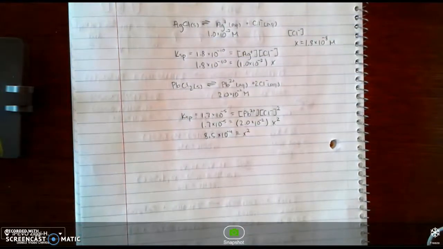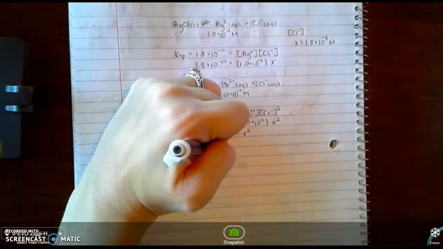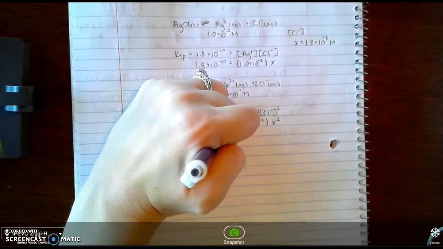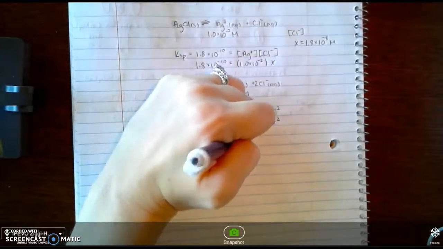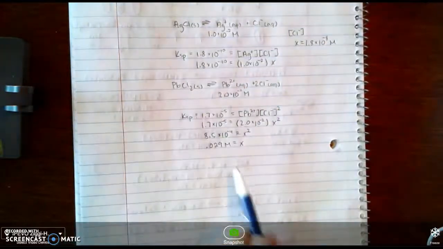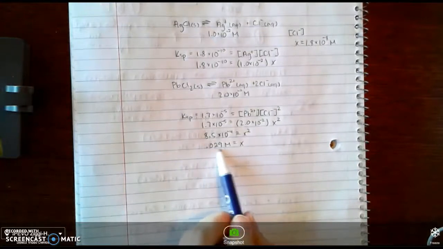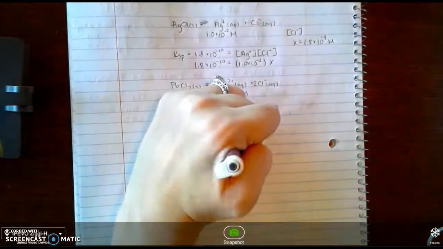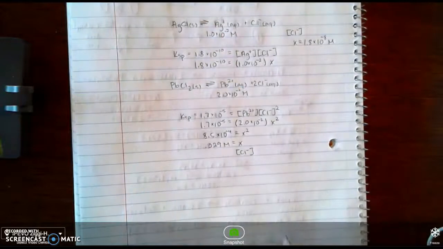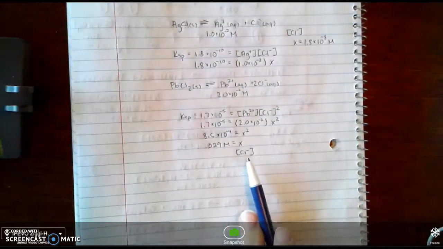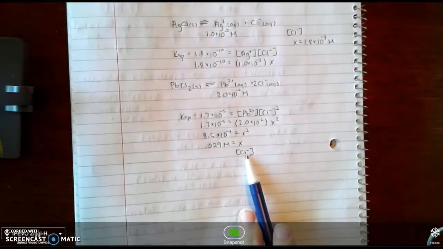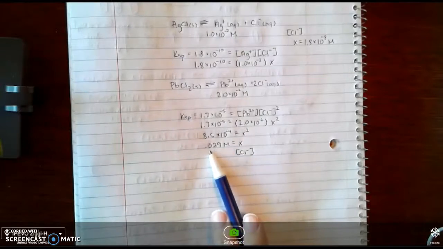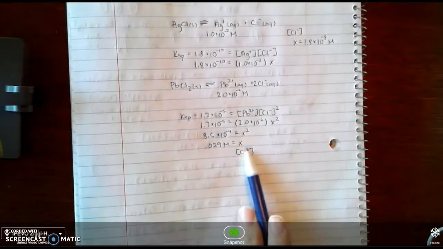Then when I take the square root of both sides, I get that X equals 0.029 molar. So I would need a concentration of 0.029 molar chloride ions in order for lead chloride to precipitate. So the first question, how much chloride would I need? My answer for X is that answer for the chloride concentration.